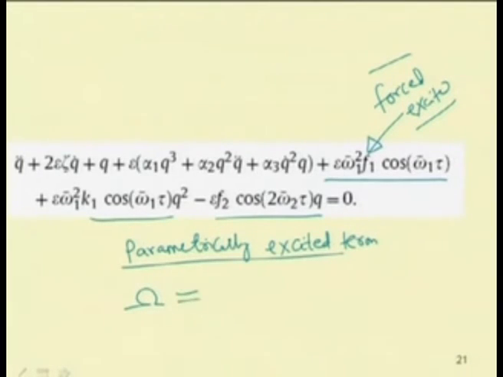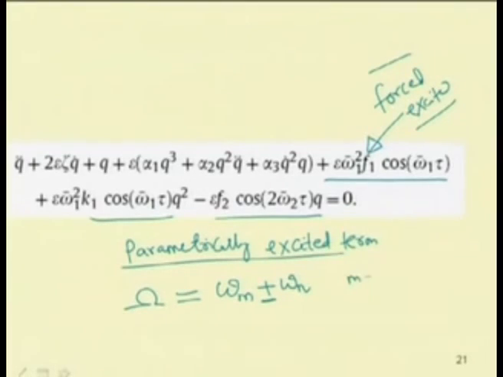So, when the excitation external frequency is equal to plus or minus omega m plus or minus omega n, where omega m and omega n are natural frequencies of the system. Already you know, for a continuous system you have a large or infinite number of natural frequencies.